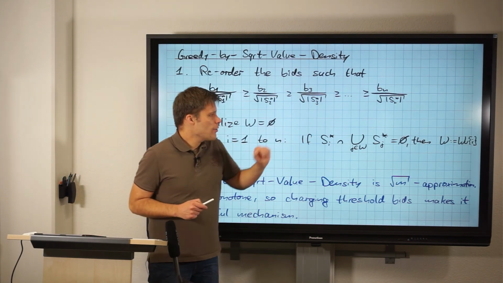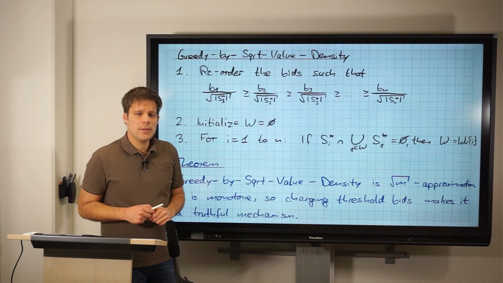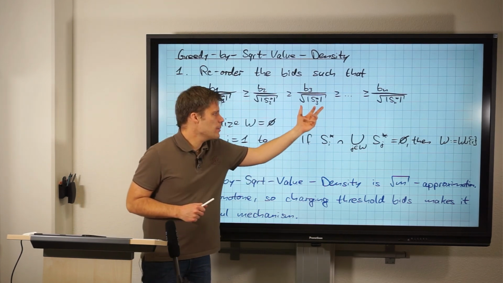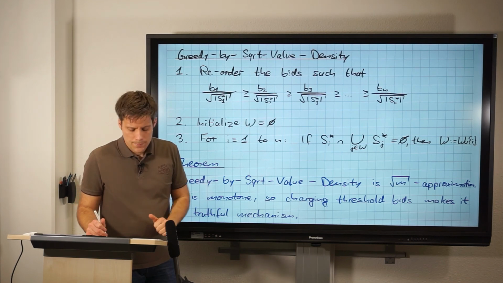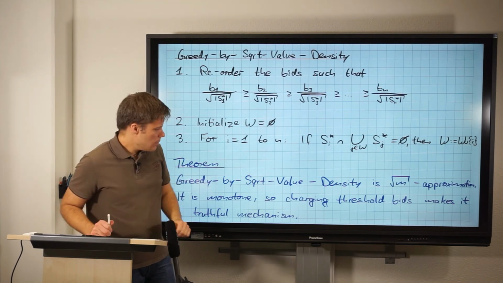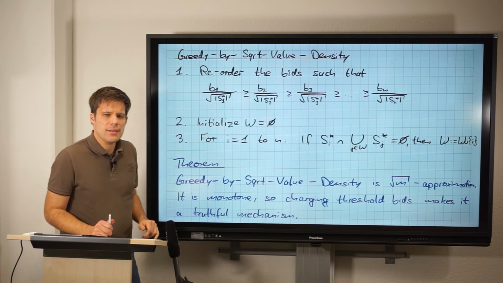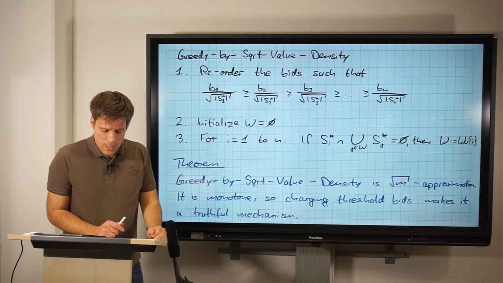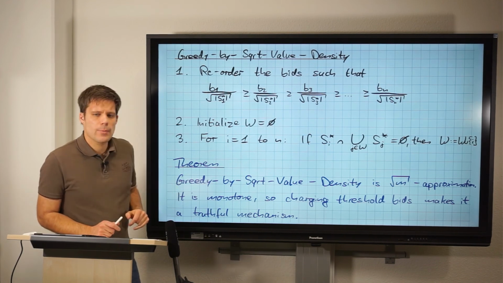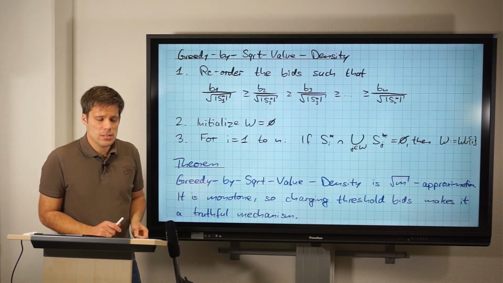If you're, for example, third in this order, and then if you bid more, then you only move forward. Good. So this second part works exactly the same way as we saw in the case of greedy by value. All I want to talk about now is why we get this improved approximation guarantee.